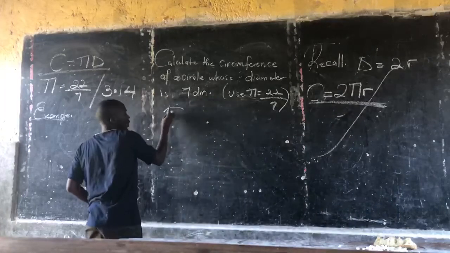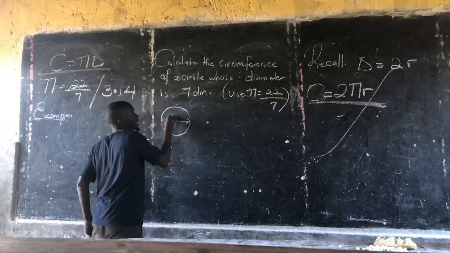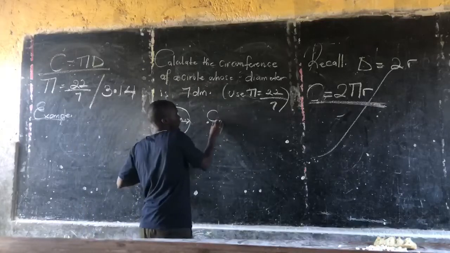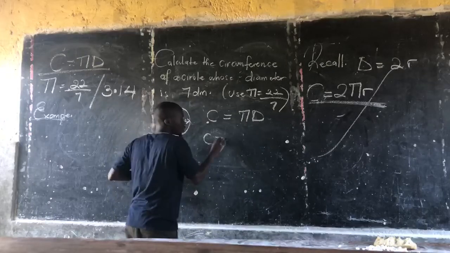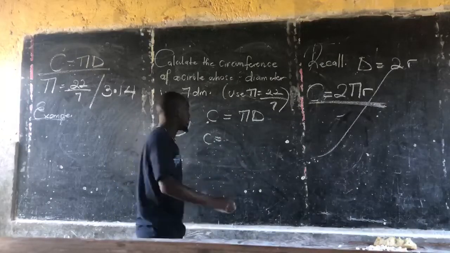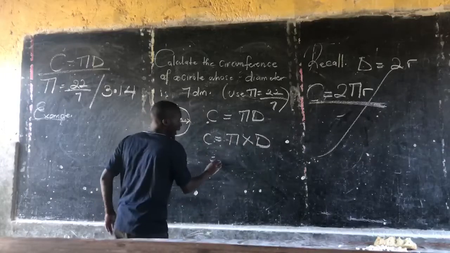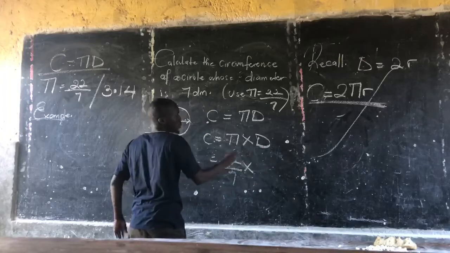Let's make a circle. You have a circle here, whose diameter is 7 decimeters. They want the circumference, or perimeter. So circumference equals pi times diameter. Our pi is 22 over 7, and the diameter is 7.